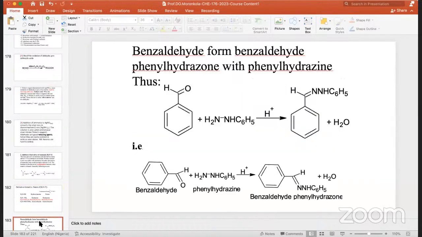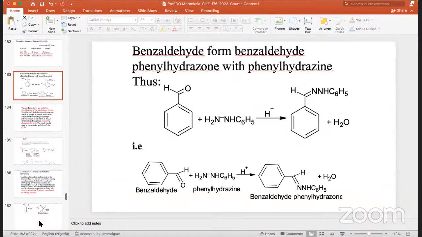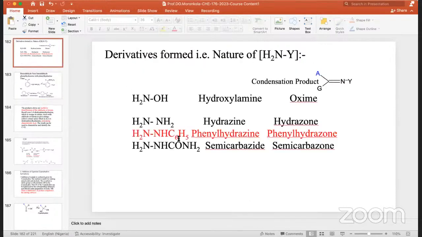Now, say for example, you have benzaldehyde. It's an aromatic aldehyde. And you are reacting it straight with your phenylhydrazine. Here, you have this H2 combined with the oxygen of the carbonyl of the benzaldehyde to give the phenylhydrazone. Let's see what is happening.